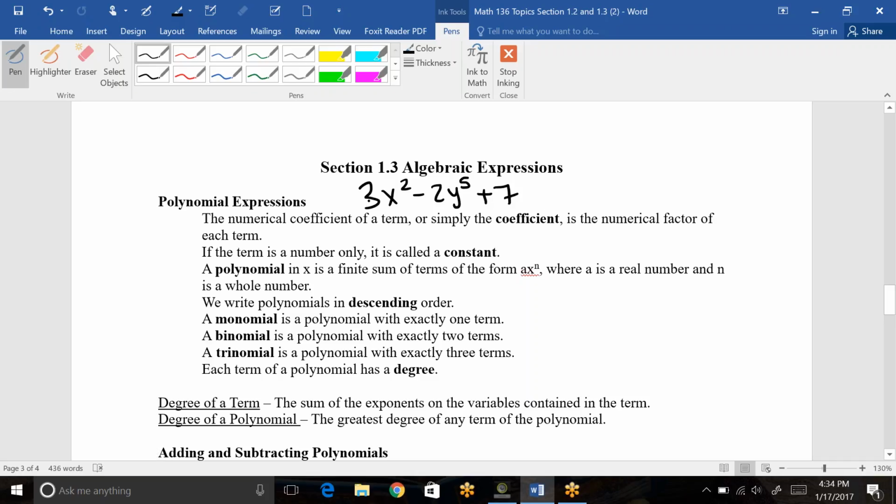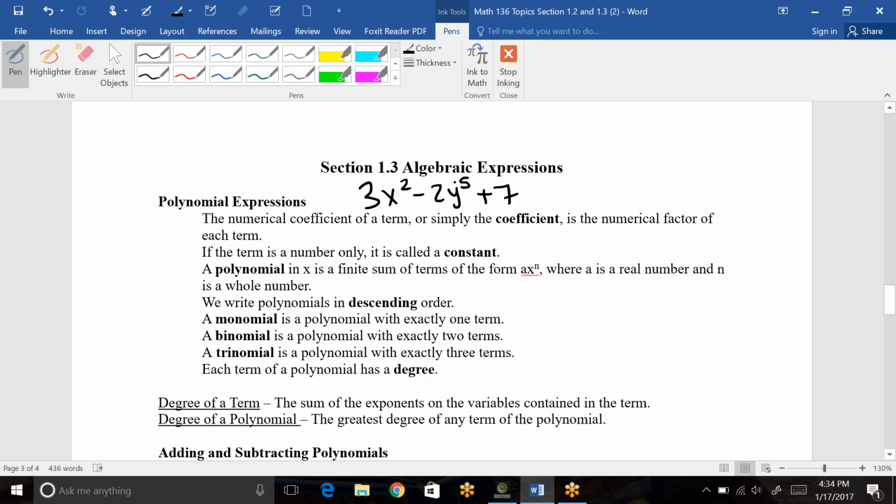The numerical coefficient of each term is the number in front of the variable part, and it is called a coefficient. If you have just a number like this 7, that's called a constant. This is a polynomial because it's a bunch of numbers and letters connected together, possibly with exponents, by addition or subtraction. We write them in descending order, so this is actually not in descending order. If you want to do this in descending order, we would want the highest power to go first.